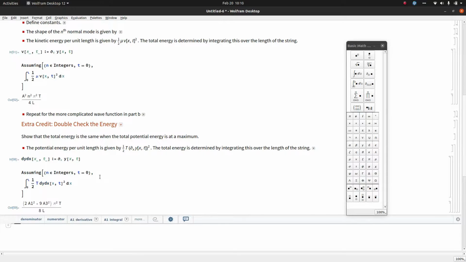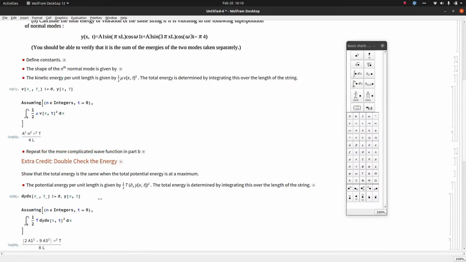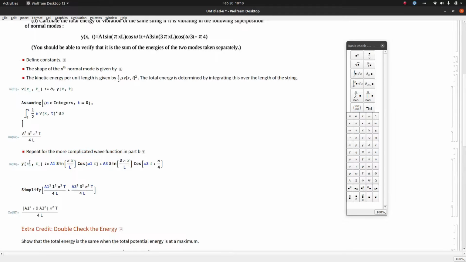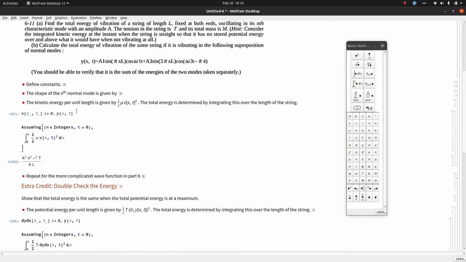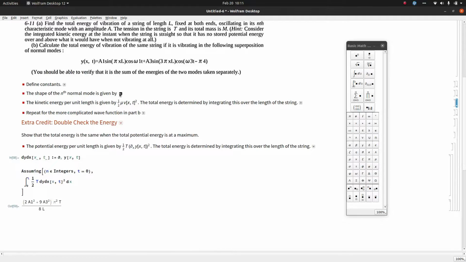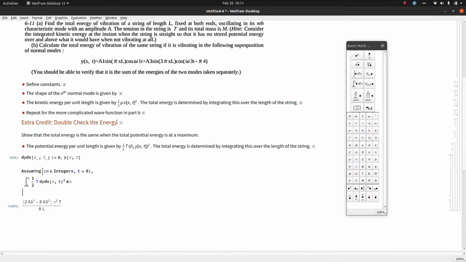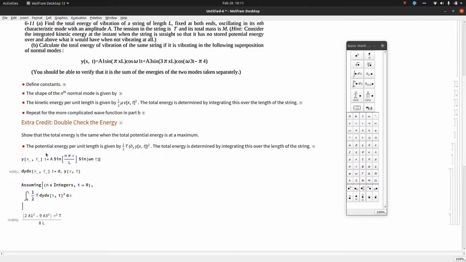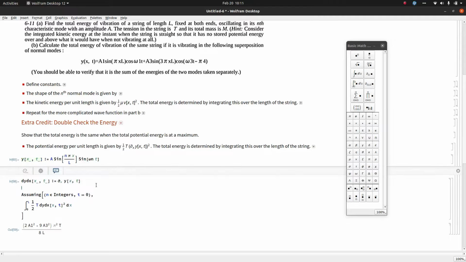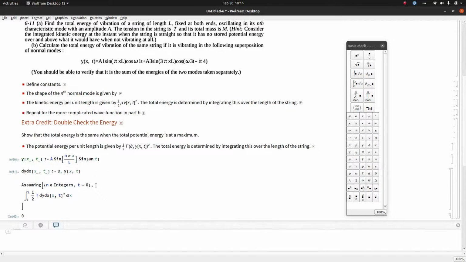And oops, I did a naughty thing because I defined y of x and t here, and I never undefined it, so I should go back and define this whole thing not as the superposition, but just as the generic wave function that we defined in terms of a mode number n. So we'll rewrite that. We'll try this one more time.